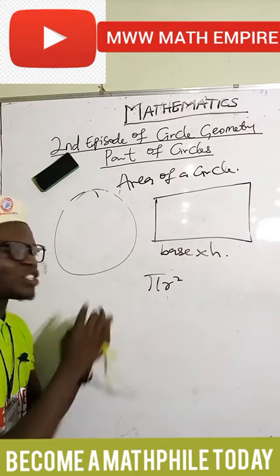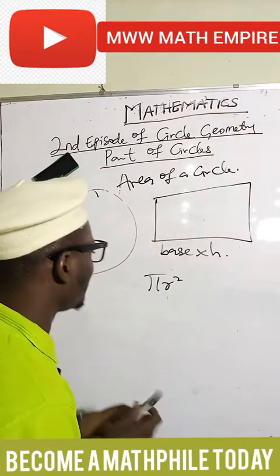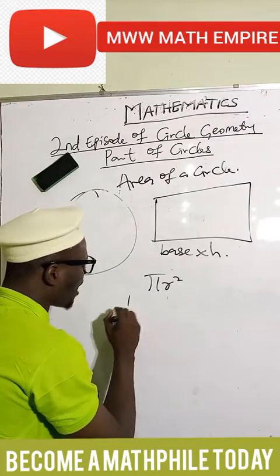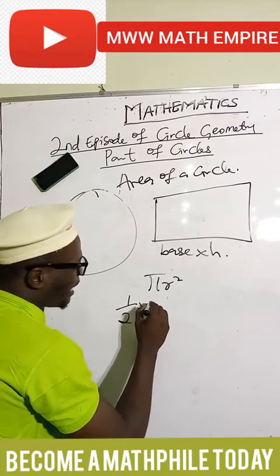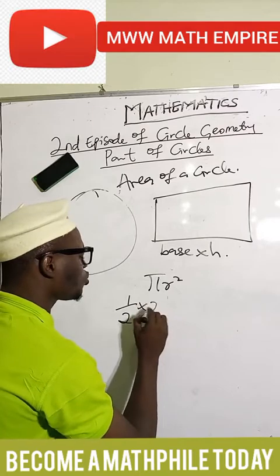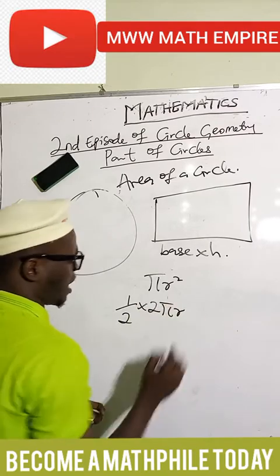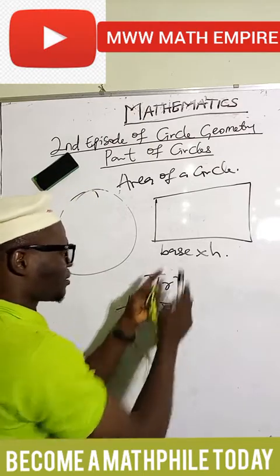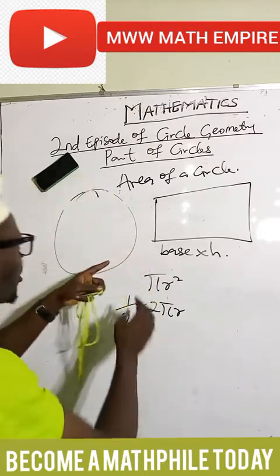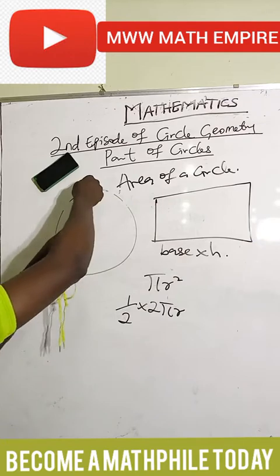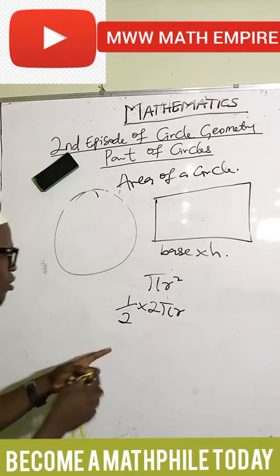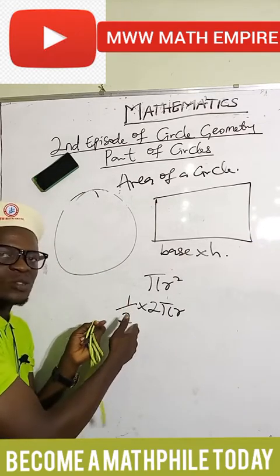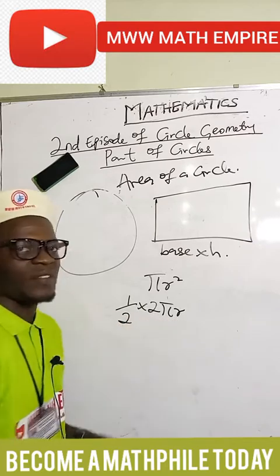Let me tell you the origin of this pi r squared now. This pi r squared is simply 1/2 multiplied by 2 pi r. That is the base. The base of this triangle being equal to half of the circumference of a circle. And that's why we have it as what? 1/2. That is half of the circumference of a circle.